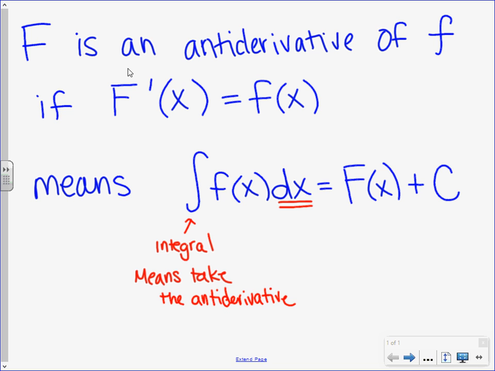Okay. Let's also understand the fact that an antiderivative and a derivative kind of undo each other. That's basically what you were practicing on this activity sheet I had you do.